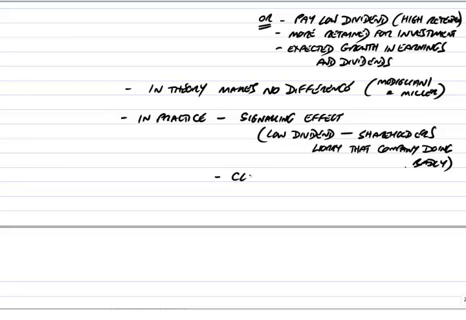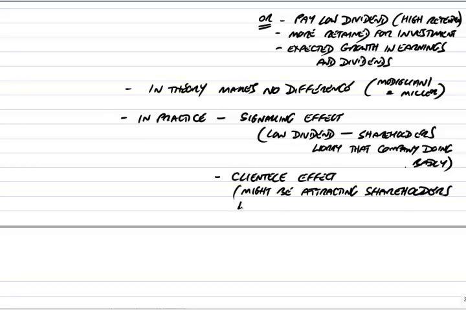The other danger is what we call the clientele effect. What this means is we might be attracting shareholders who want high dividends, maybe pension funds, for example.